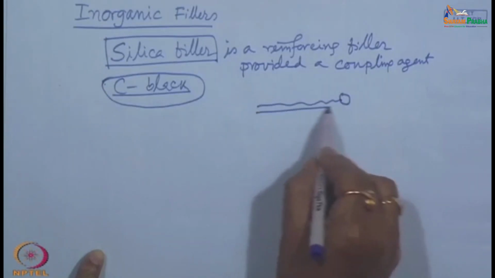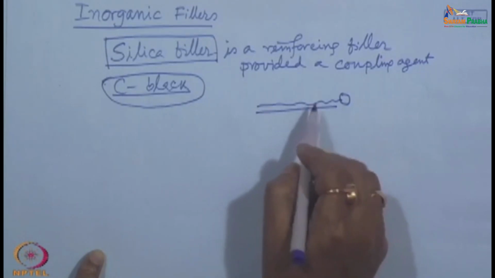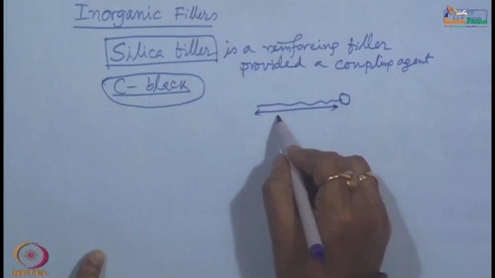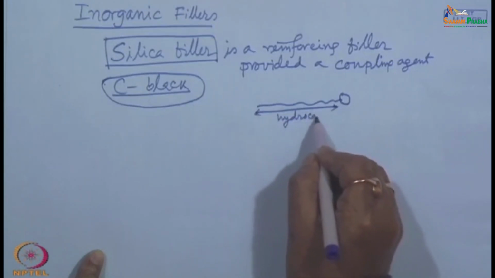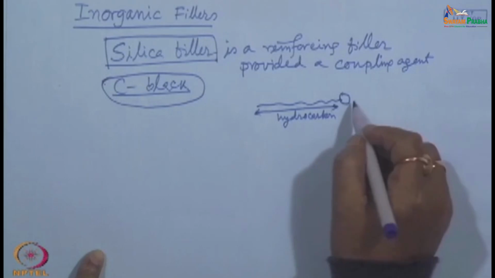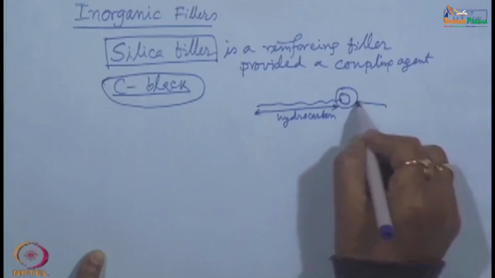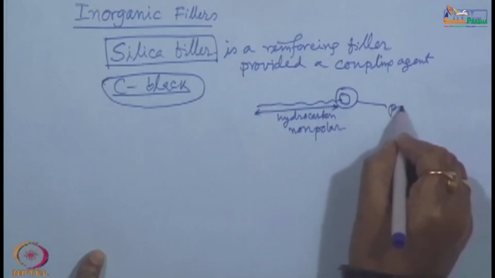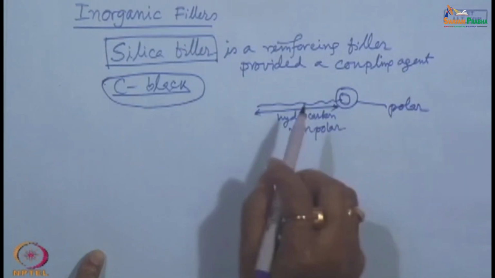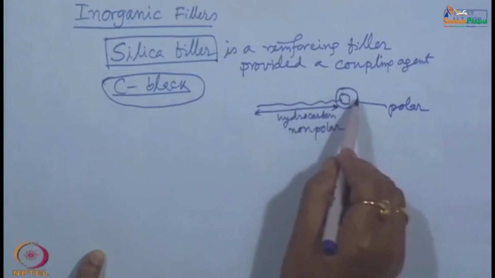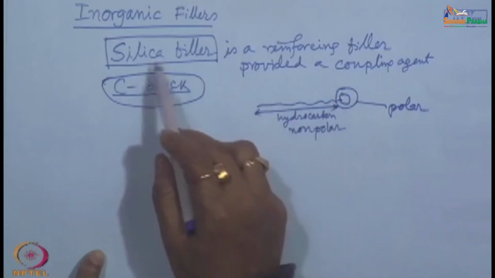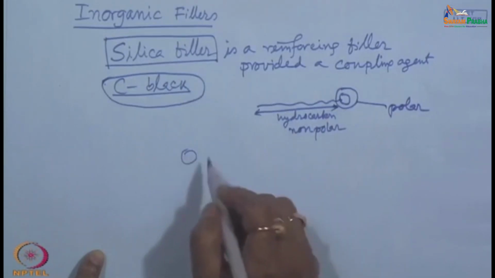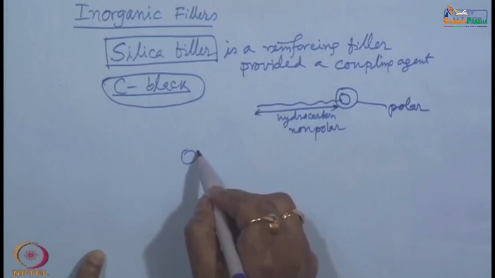One is an organic part, that means the hydrocarbon part, which is non-polar, and the other is a polar part. So, what will happen? If such a compound is used along with silica filler, the silica particle will be covered by these molecules like this.